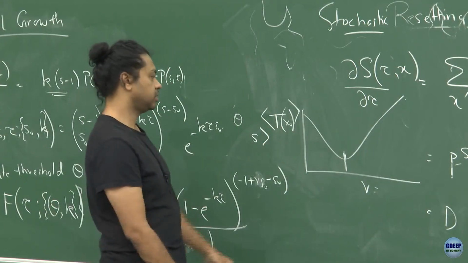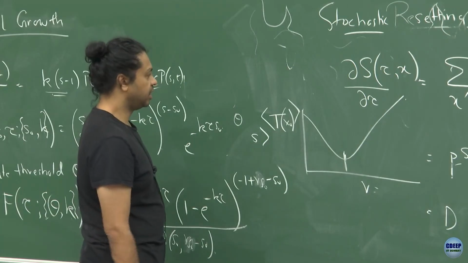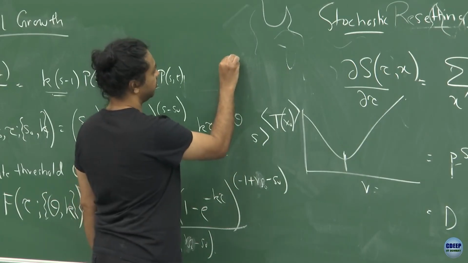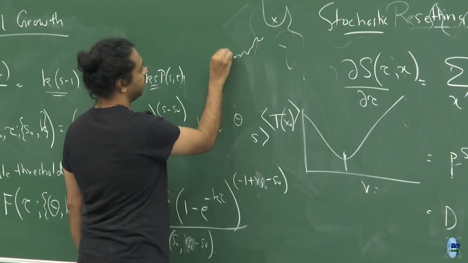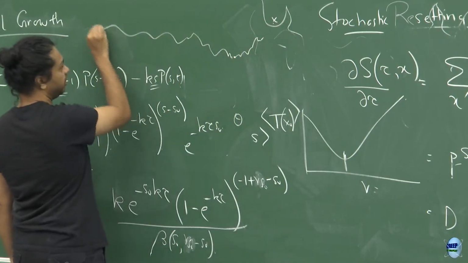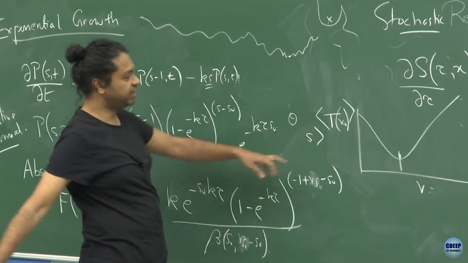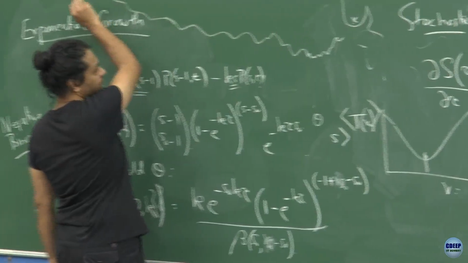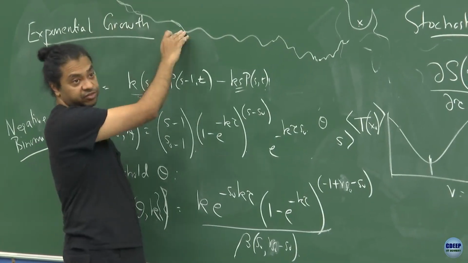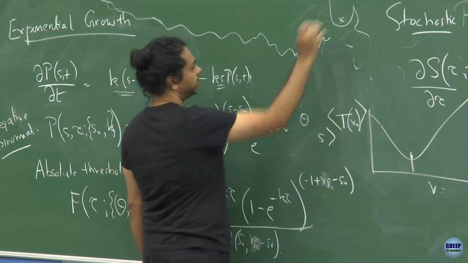If you reset very slowly, you have this search process, you're going and finding your target, and you will have trajectories which will take you away from the target. If your resetting rate is very small, these trajectories can go away, and you will waste a lot of time in these trajectories and not find the target.